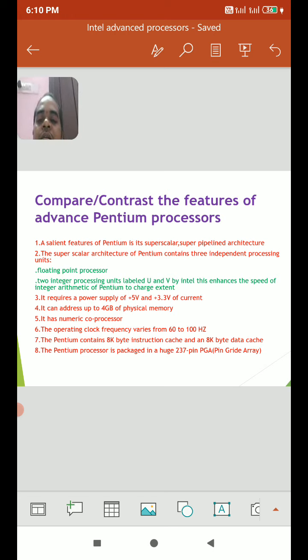When we compare with all the previous processors like 80286, 386 and 486, it has more number of features, like superscalar and super pipeline architecture. That's why in most computers and laptops we are using the Pentium microprocessor.